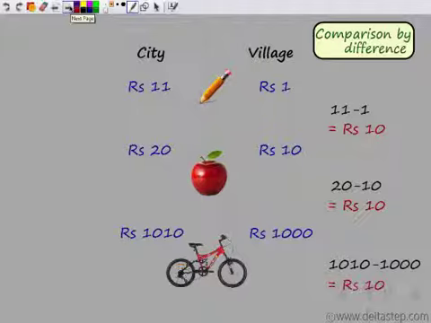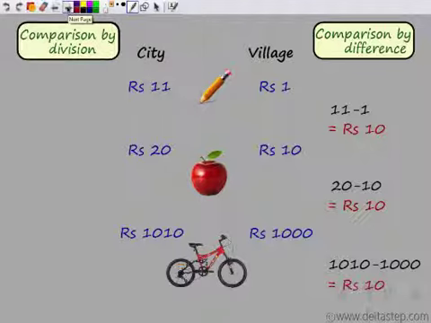Now there's one more way in which I can compare the prices of these two, that is by division. I can also use division to compare the prices. Let us see how we can do that. So by division, if I divide the price of the city by the price of the village, I would get 11 by 1, which is nothing but 11.